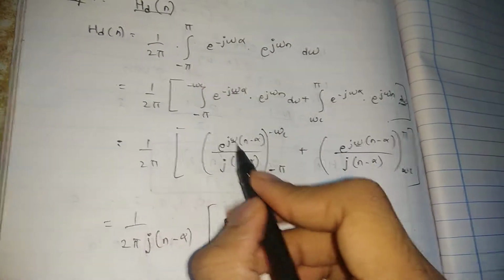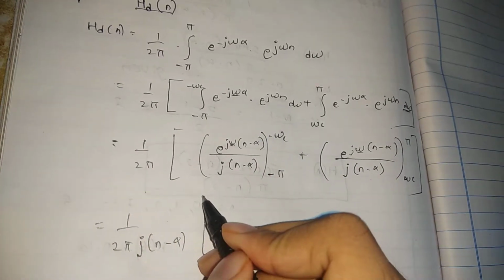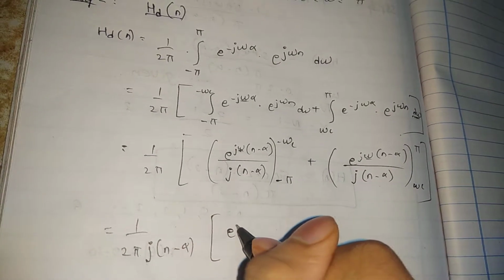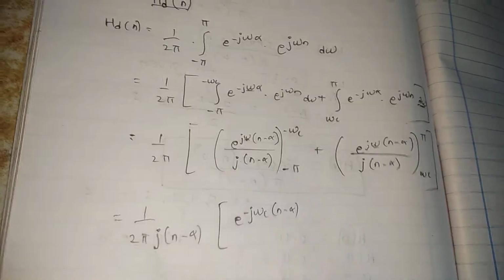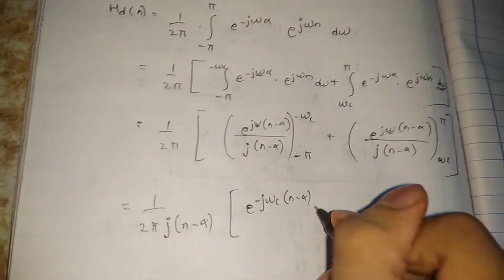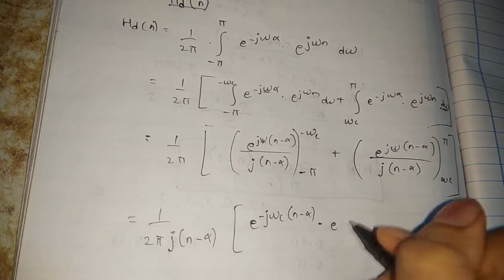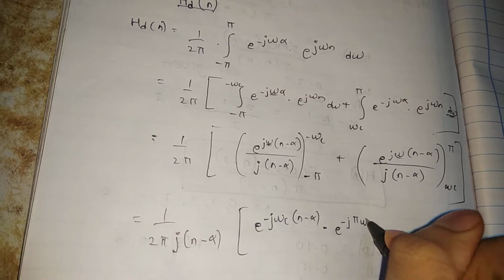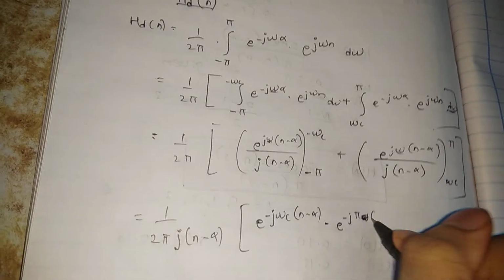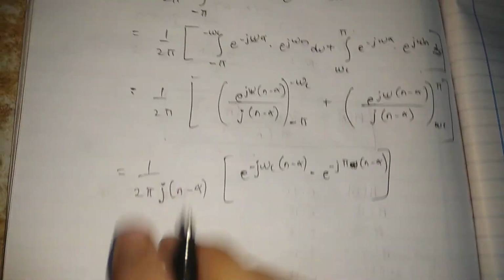In place of omega, write omega c. Substituting the upper limit first, e raised to minus j omega c (n minus alpha), minus the lower limit, e raised to minus j pi (n minus alpha). We are done with this.